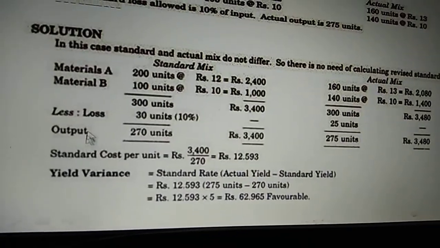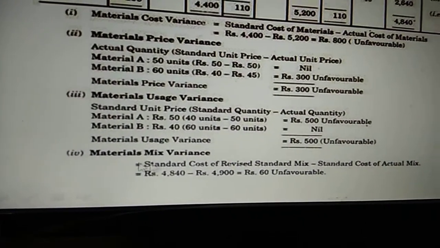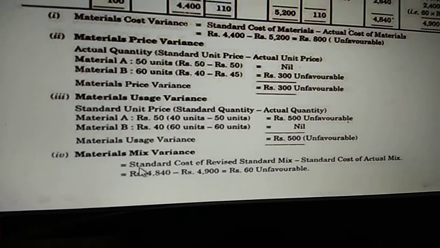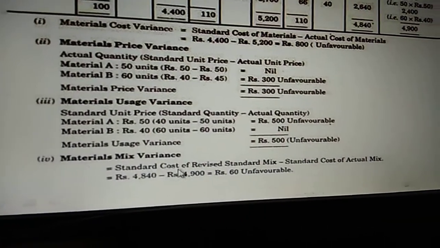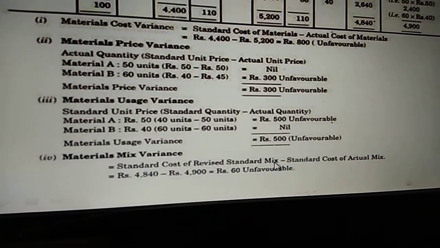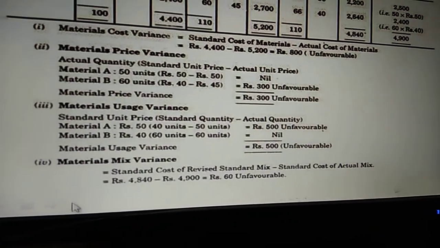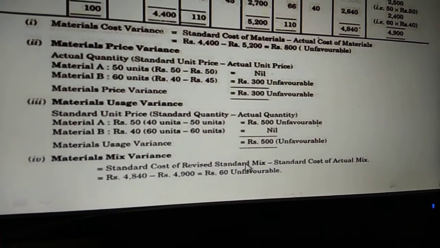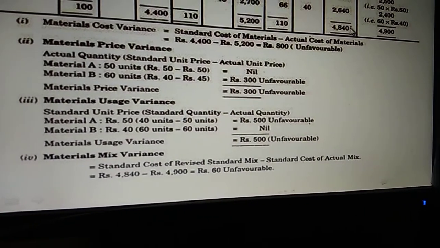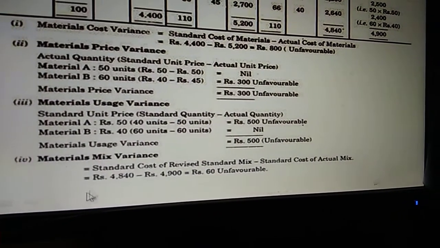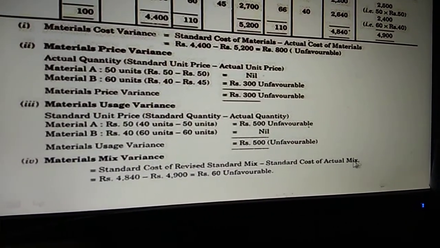Now we'll go to the next, material mix variance. Material mix variance can be calculated with the help of this formula: standard cost of revised standard mix minus standard cost of actual mix. Standard cost of revised standard mix is 4,840, which we bring here, minus standard cost of actual mix.